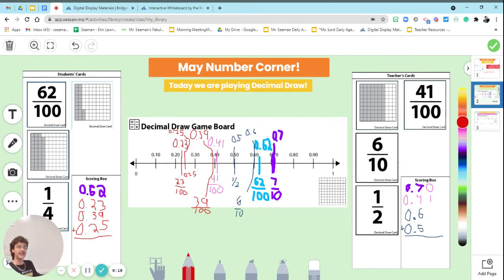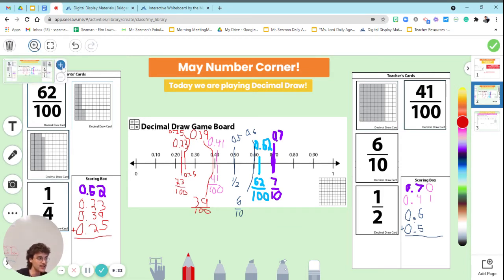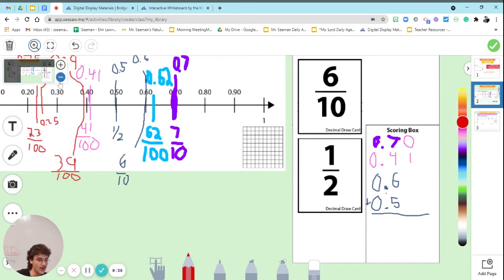Okay, now as you can see, I have gone 4 rounds for each side, the student and the teachers. And as you notice, I was able to put all of the amounts as decimals in both the scoring boxes, and I've also drawn them all out here. And now I'm going to add these all together. Again, notice how I don't have my spot here.